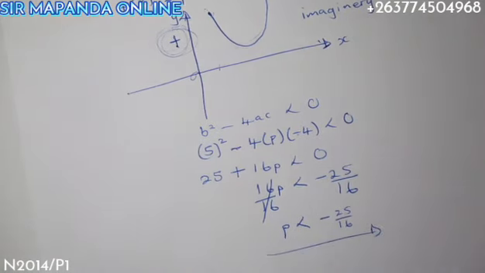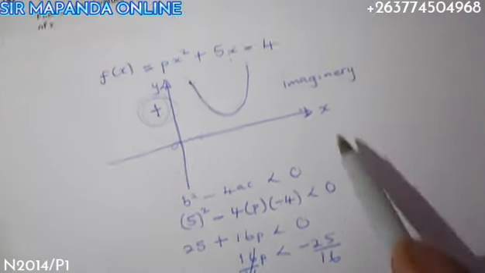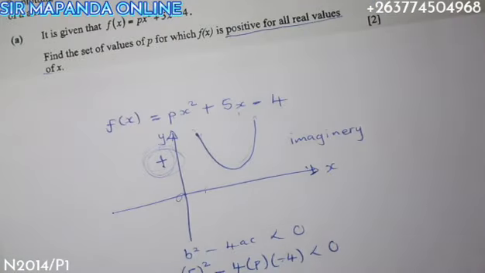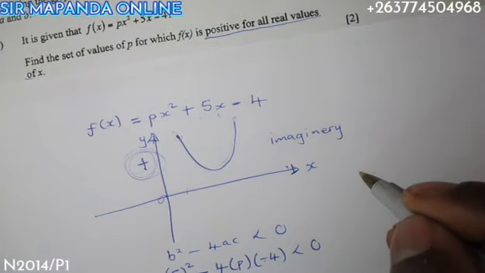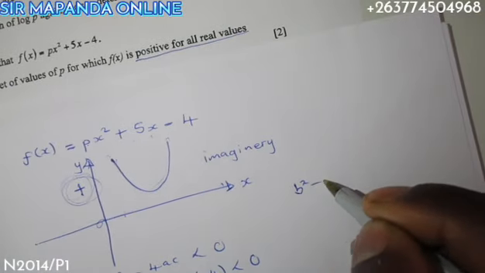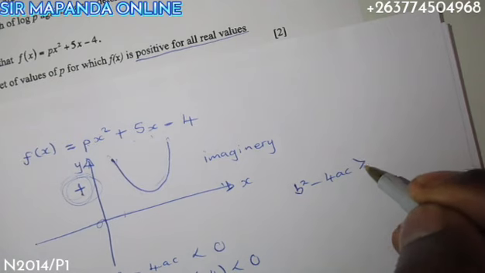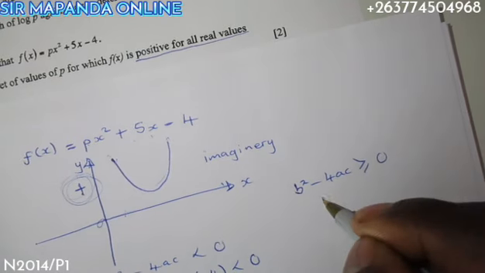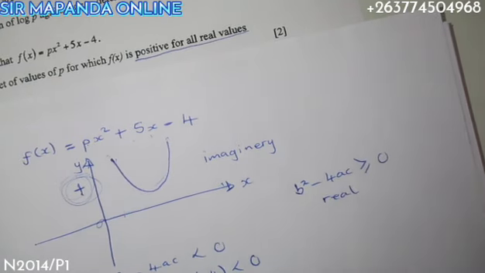So do not confuse the statement positive for all real values of x with the real roots. For real roots, we use b squared minus 4ac is greater than or equal to 0. This is used as the discriminant in a situation where real roots are stated.